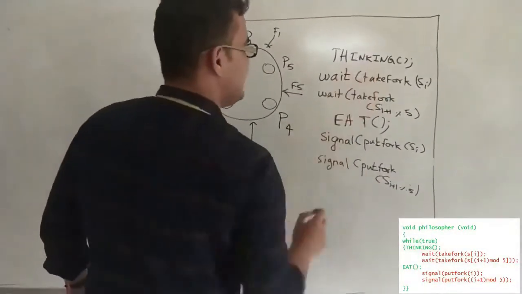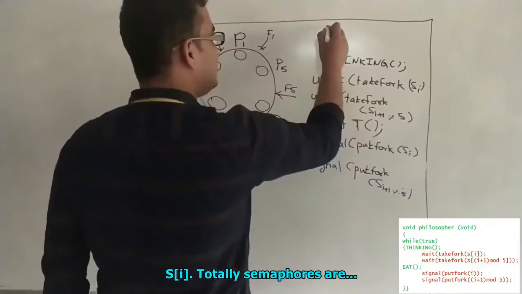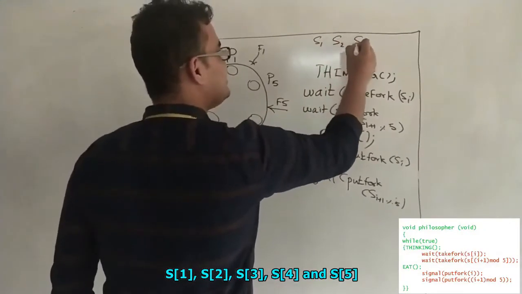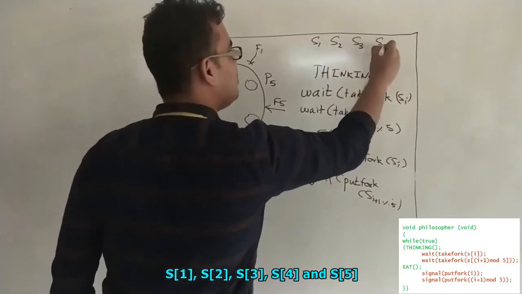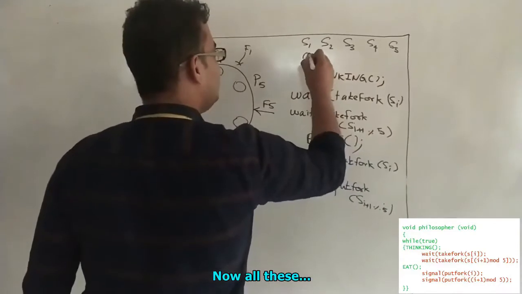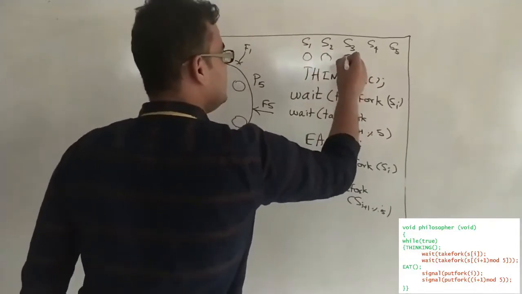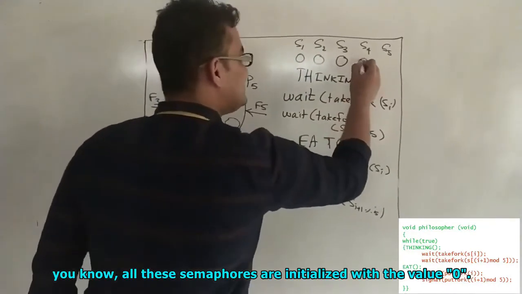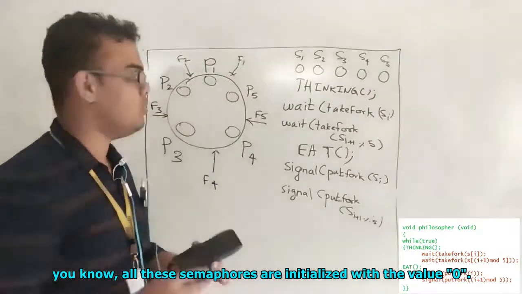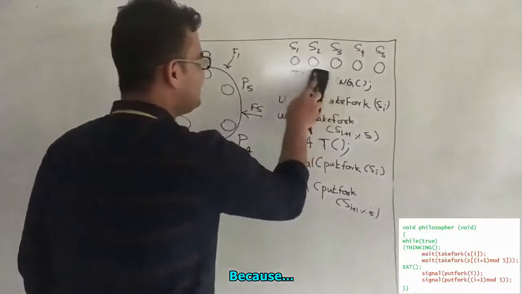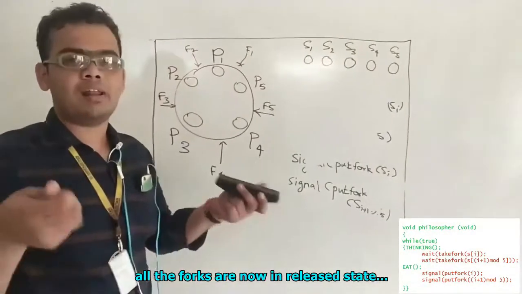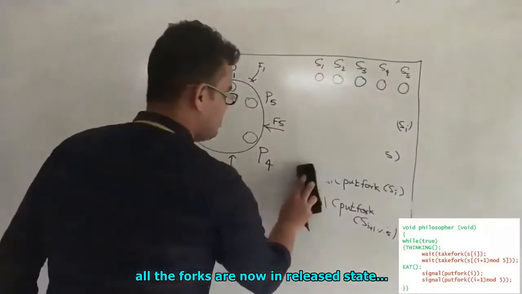Totally the semaphores are S1, S2, S3, S4 and S5. All these semaphores are initialized with the value 0, because 0 means all the forks are in released state.